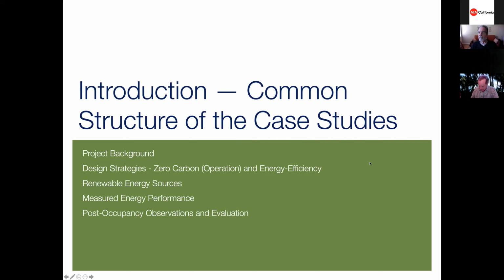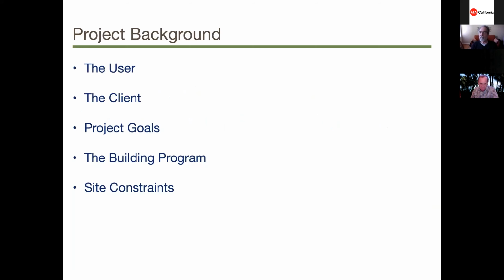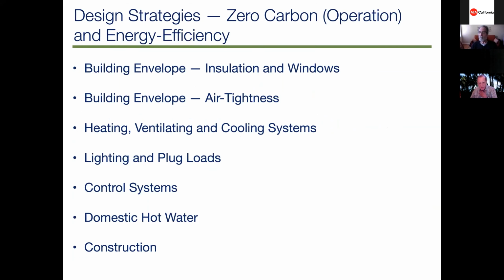I'm just going to flash through the breakdown of each one of these five structures. In the background, we'll cover the usual from project goals to site constraints, things that really interest architects. And the design strategies, I want to list these so that you saw what they were. The key factor in the design of any building for energy efficiency is basically these seven.